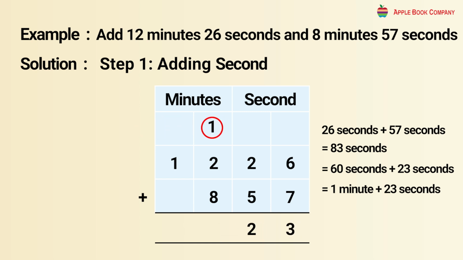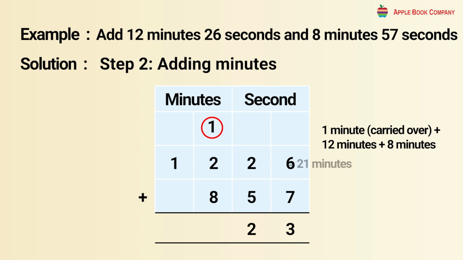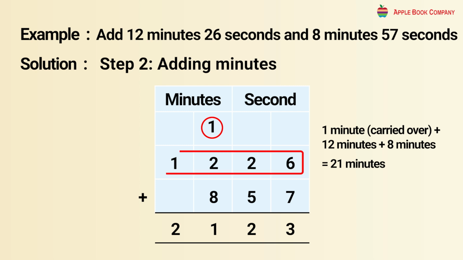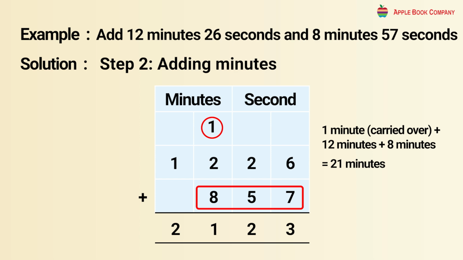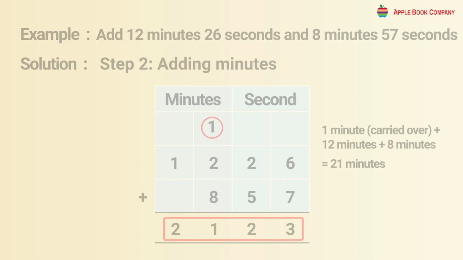Carry over 1 to minutes column. Step 2. Adding minutes. 1 minute carried over plus 12 minutes plus 8 minutes equals 21 minutes. Write 21 under minutes column. Therefore, 12 minutes 26 seconds plus 8 minutes 57 seconds equals 21 minutes 23 seconds.